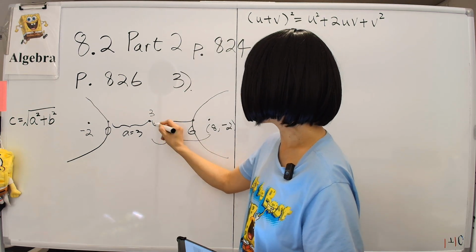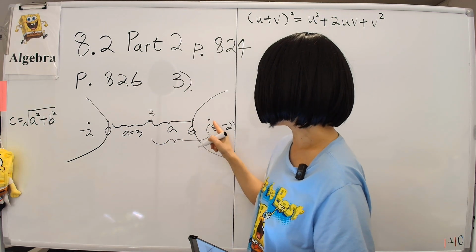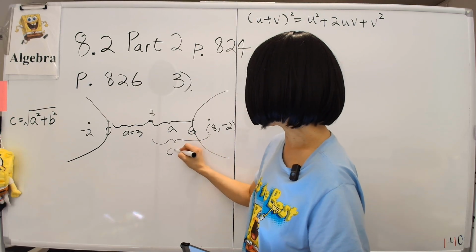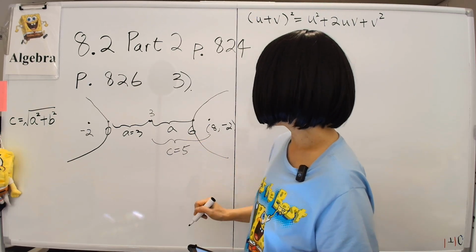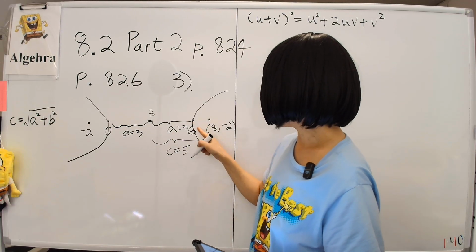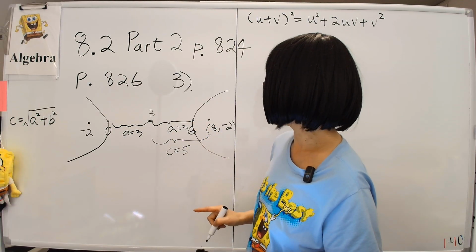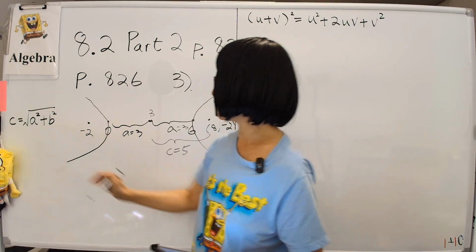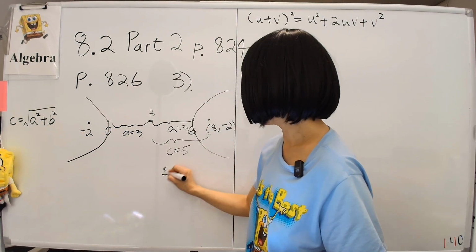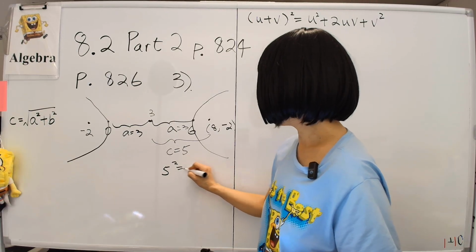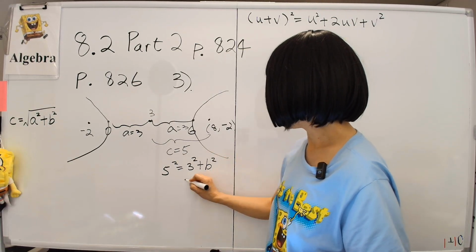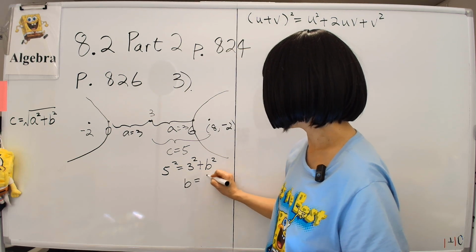That means this is 3 and that's 6, and c goes all the way to 8. That means c equals 5. It's just a matter of a is 3, and the focus point is 2 more, so c is 5. Following this formula, 5 squared equals 3 squared plus b squared. And that shows us that b has to equal 4.